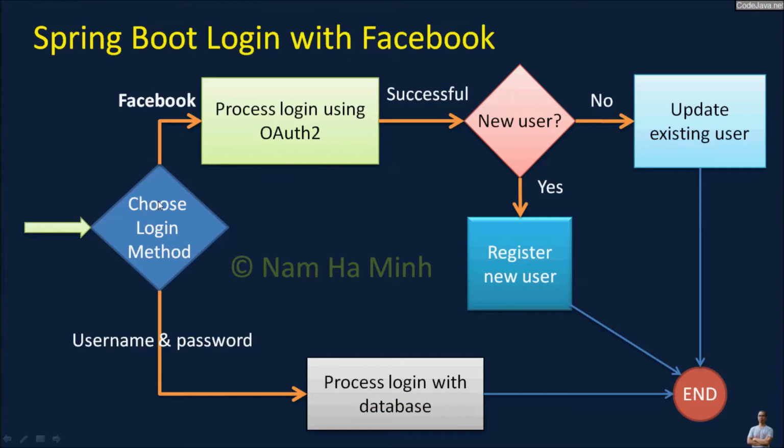And in case the user wants to log in using his own Facebook account here, the application will process login using OAuth2. Upon successful OAuth2 authentication, the application will check if the user is new or not. If the user is new, it will register the new user in the application's database. Else, if the user was already in the database, the application will just update the name of the user in the database, and that completes the social login workflow. Pretty simple and clear, right?